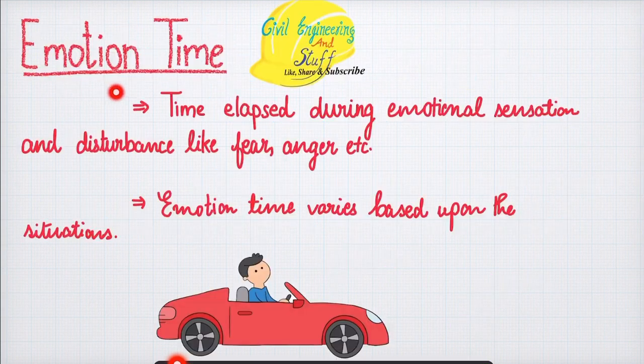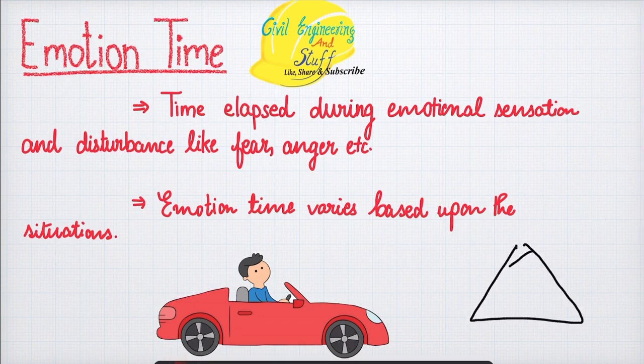After that, we have the emotion time, and definitely after assessing the situation, there's an emotional sensation and disturbance that comes with it, right? The time elapsed during emotional sensation and disturbance like fear, anger, etc. is taken as the emotion time, right? So it happens in day-to-day life also.